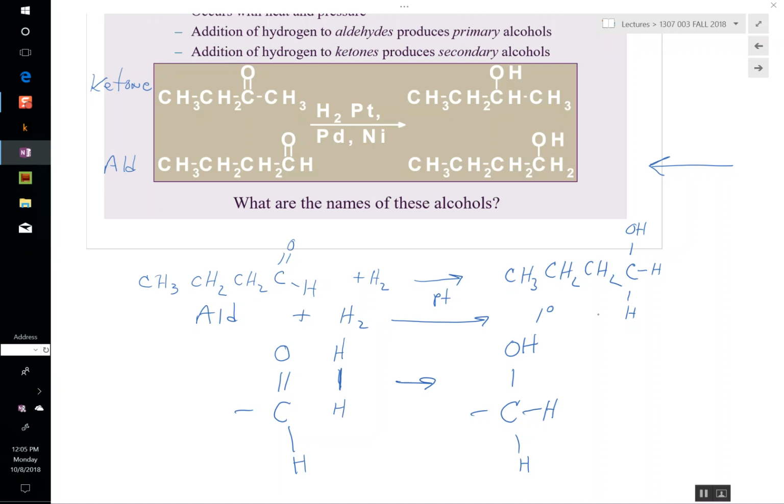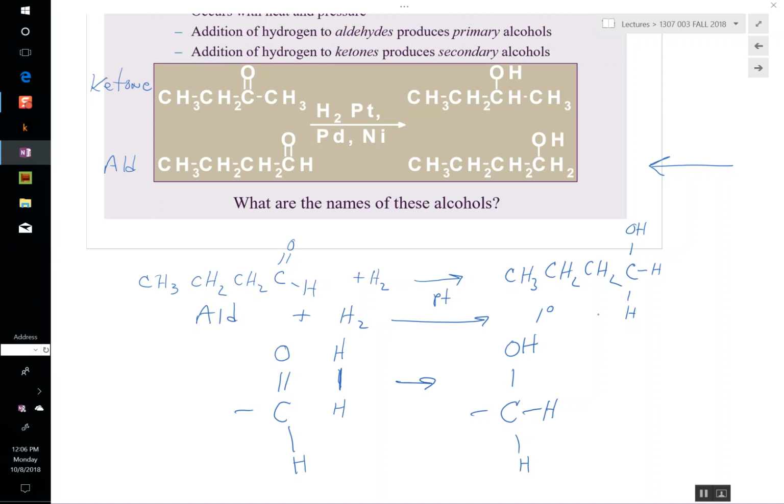And why is that? The oxygen on an aldehyde is on the end carbon. It's not moving. There's nothing about that oxygen that moves in this reaction. It stays on the carbon it started with. It started on the end. Now we have that oxygen still on the end, but we've added a hydrogen to it, which is converted into an alcohol.